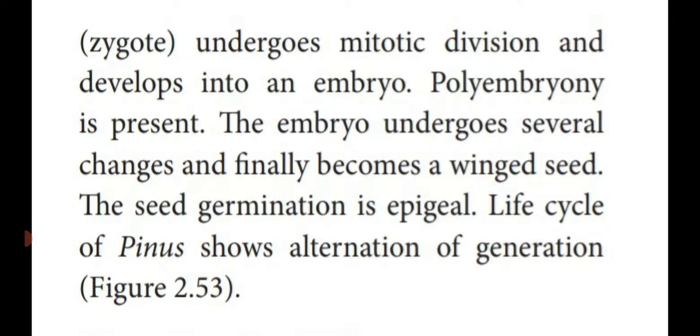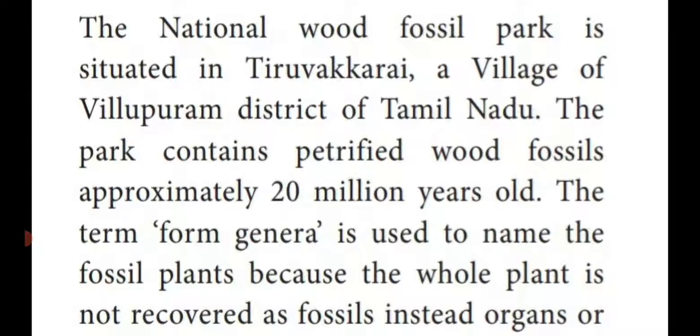Then the pollen grains, which are at the 4-celled stage, reach the micropylar region of an ovule. So these are all the characteristic features of Pinus. Thus Pinus shows the pollination and fertilization process.